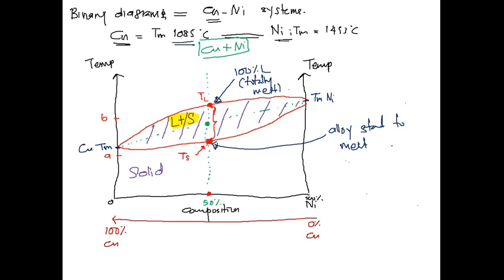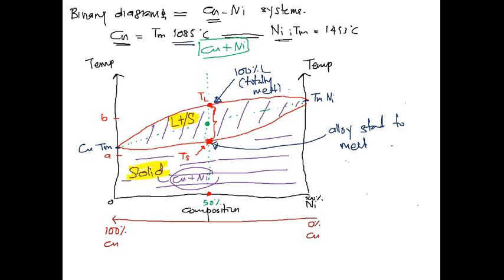Okay, so dekat sini solid. Okay, so solid ni bukanlah single, heterogeneous solid ataupun satu solid saja, but the solid will compose of copper and nickel. They're both soluble to each other lah. Okay, so below the TS punya line will be the solid phase.